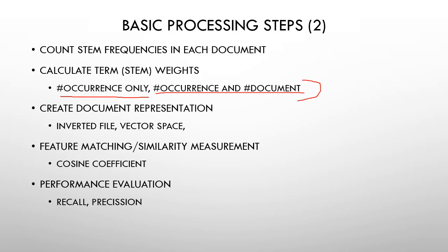Okay, then we create document representations. Again, we could use an inverted file or vector space, and then we do some feature matching or similarity measurement, which means that we measure the similarity between the two documents, the input or query and the one in our corpus.